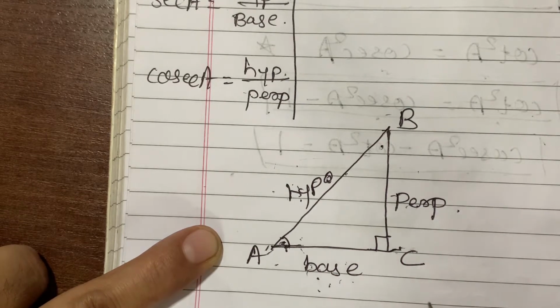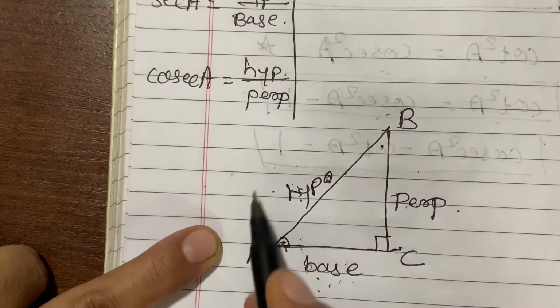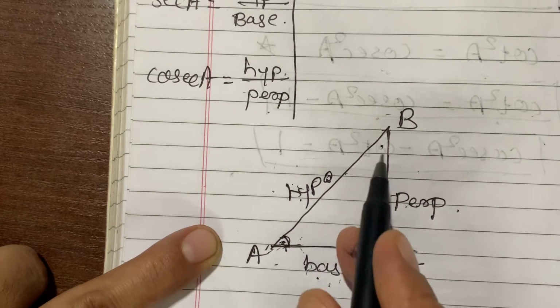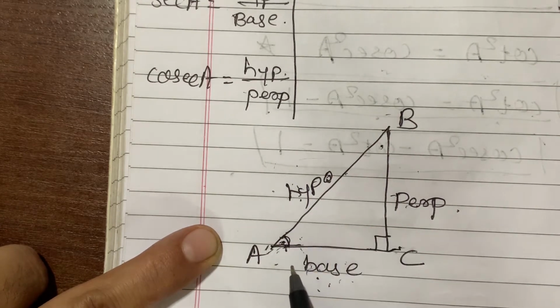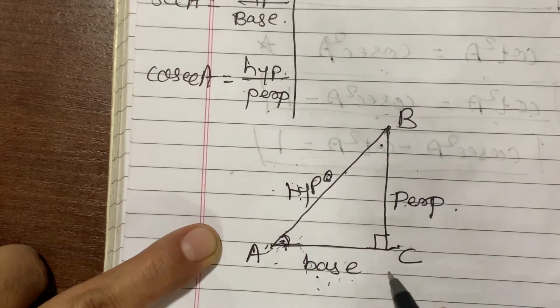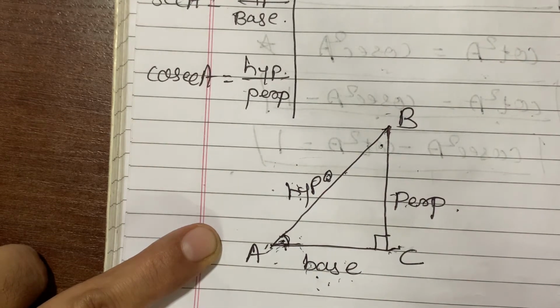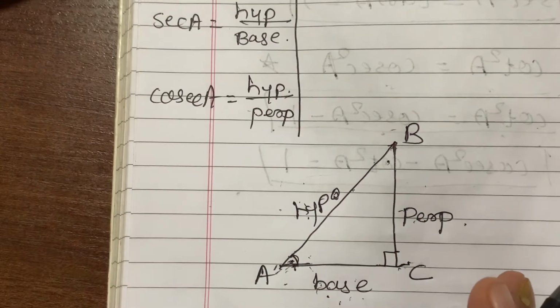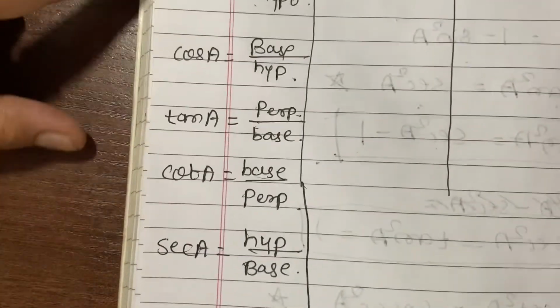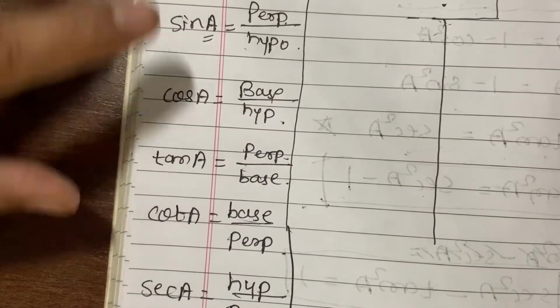Using the trigonometrical relations and the angle of inclination, we can find the distance of that object from the ground. These are the applications of trigonometry. So sin A, cos A, tan A, cot A, sec A and cosec A are the basic trigonometrical ratios.